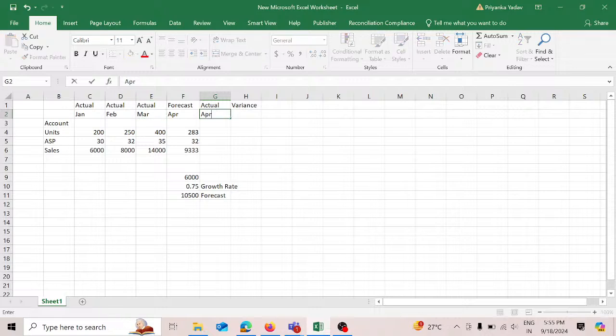now at the end of the month, when we get the actual figures, let's suppose the number of units sold was 270, and the average selling price was 32 only.